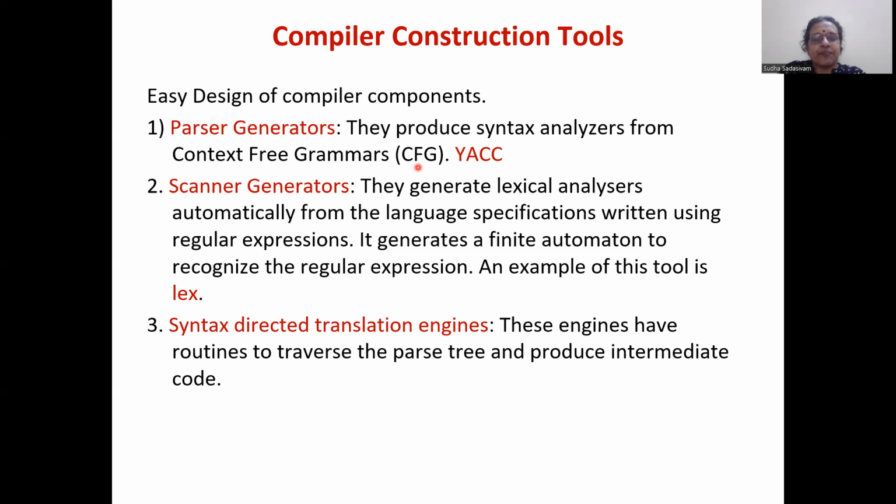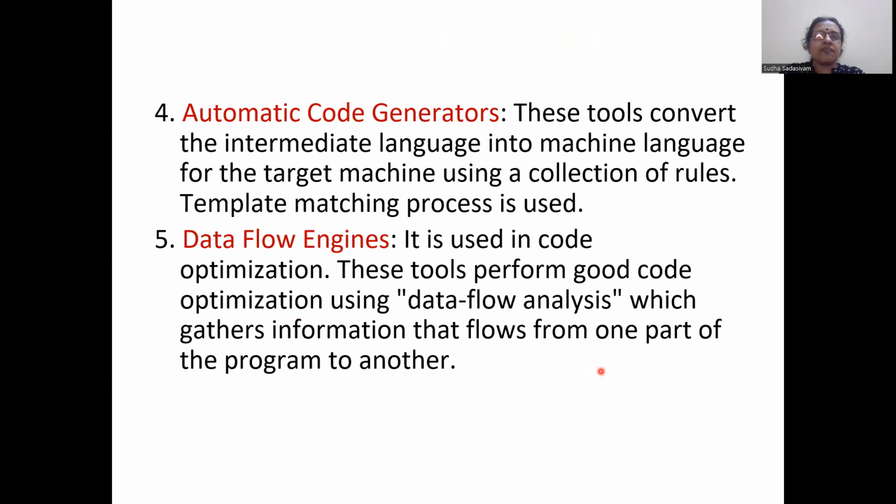The third type of compiler construction tool is the syntax-directed translation engine, which is used to produce the intermediate code. It traverses the parse tree and generates the intermediate code based on the traversal through the parse tree. It makes use of different types of syntax-directed translation schemes.